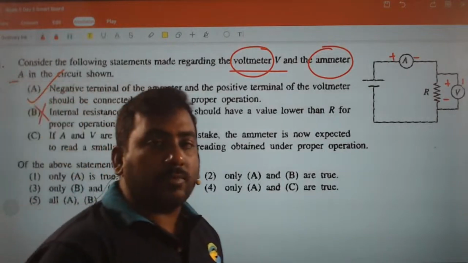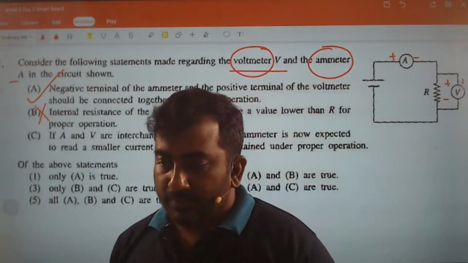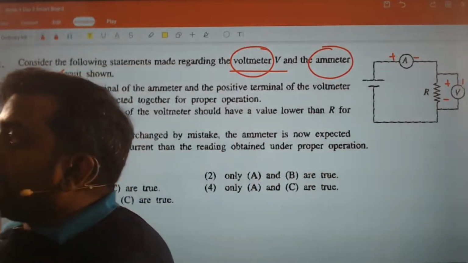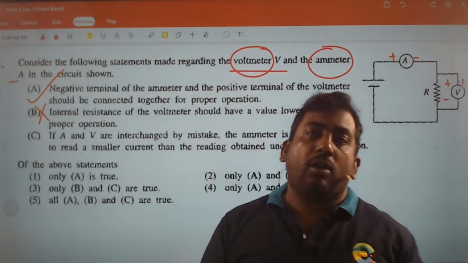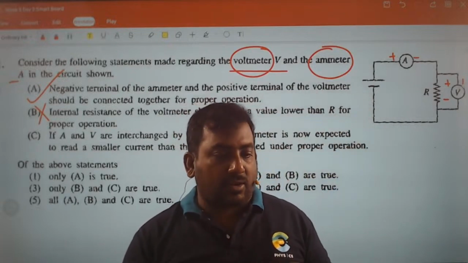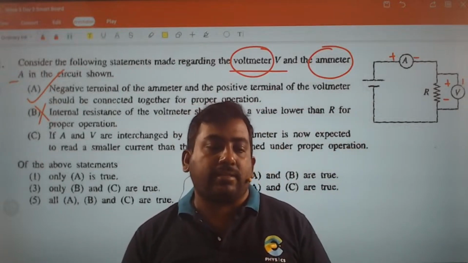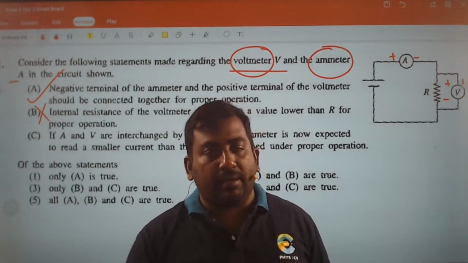Write the sentence. For proper operation, the resistance across the voltmeter must be infinite.